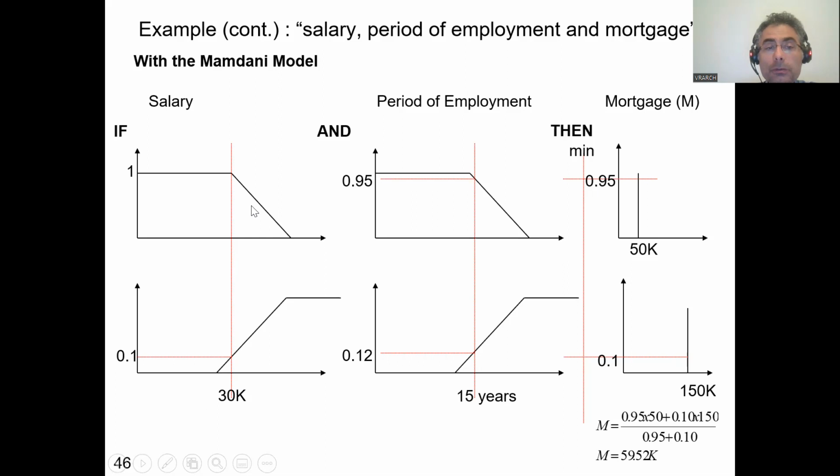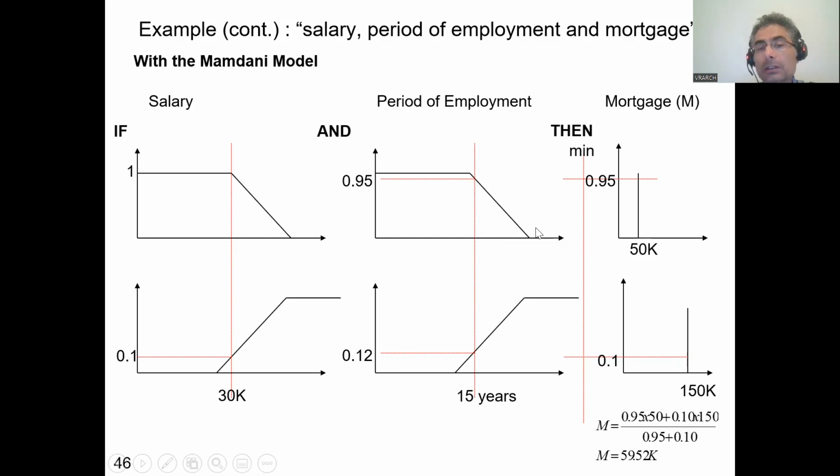That person belongs to the low salary group with a degree of membership of 1, and to the high salary group with a degree of membership of 0.1. And again, for 15 years of employment, that person belongs to the low group with a degree of membership of 0.5, and the other group with a degree of membership of 0.12.